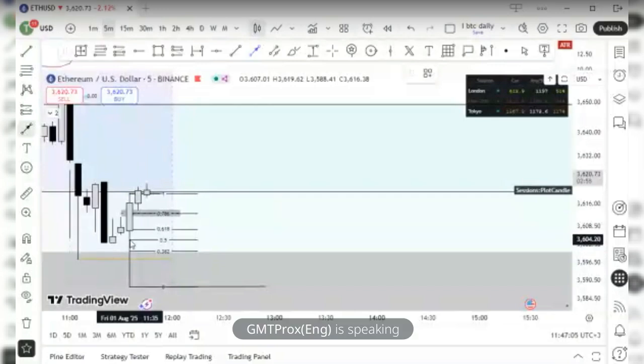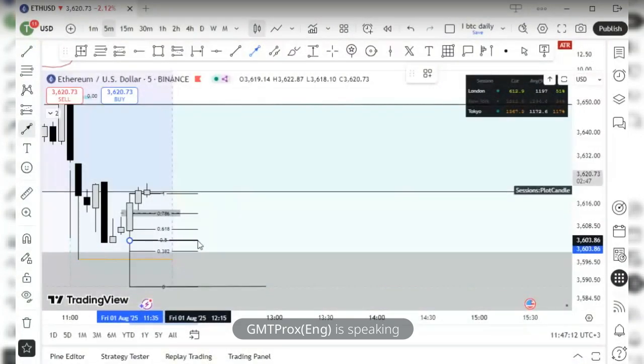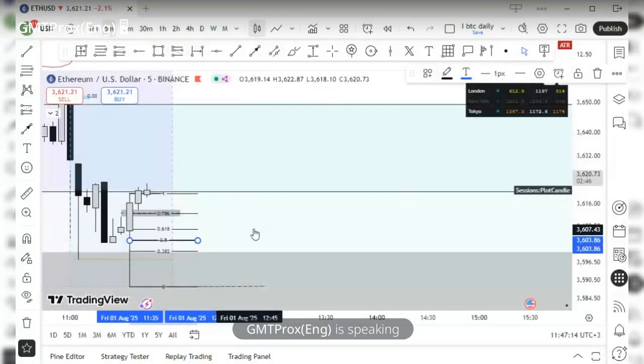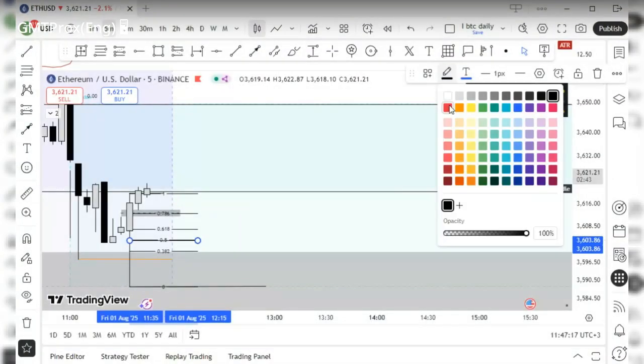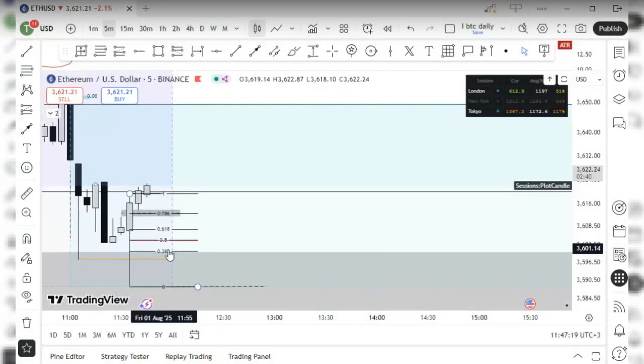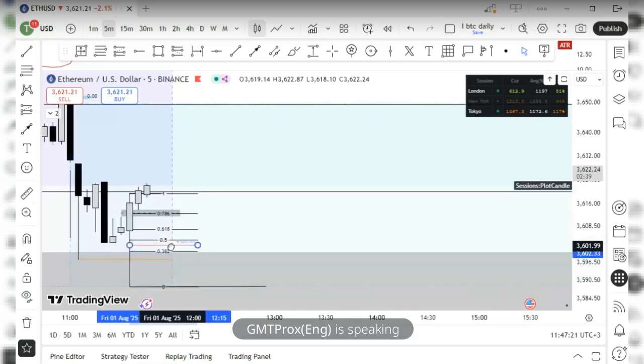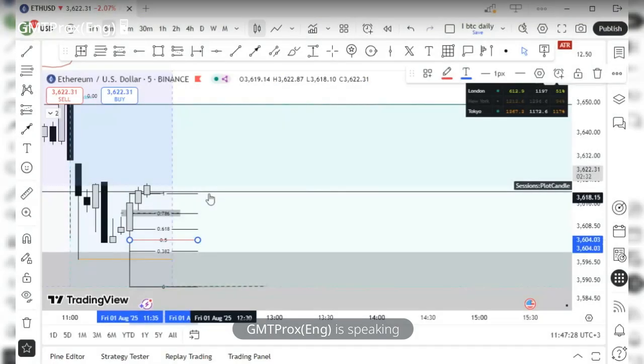Let's assume if it comes to this level here, this is my 50%. That's my 50%. But already we have a fair value gap.